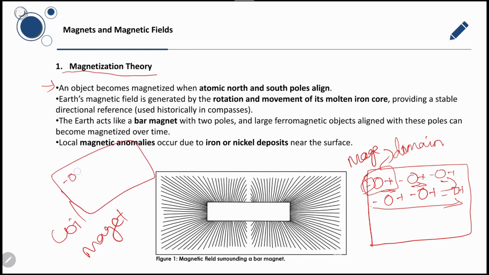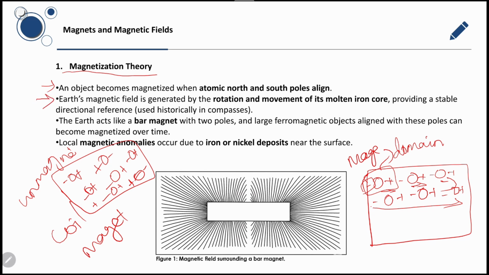If this is our unmagnetized material, the domains are randomly oriented, not organized. So this is unmagnetized material. When most domains are aligned, the material becomes magnetized and creates its own magnetic field.